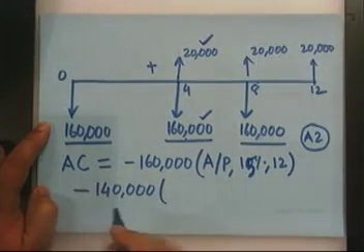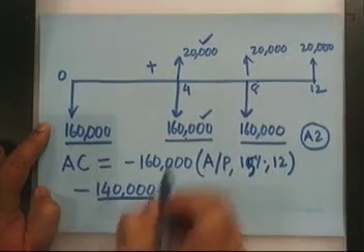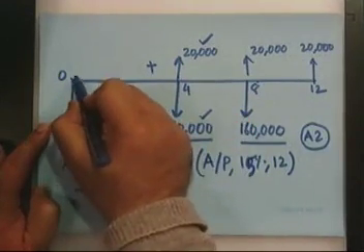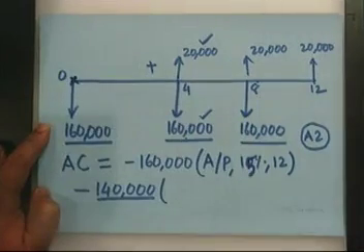First, this value of 140,000 will be brought to t is equal to 0, this point. How do I convert that? I know F, I am interested in finding P. So, what I will do?